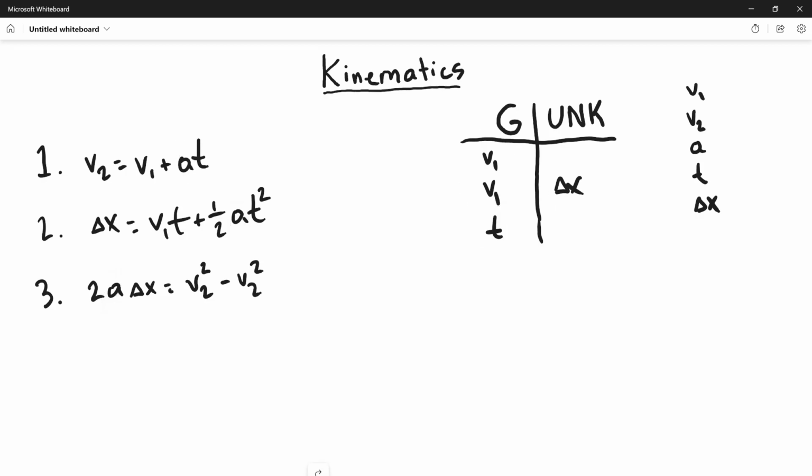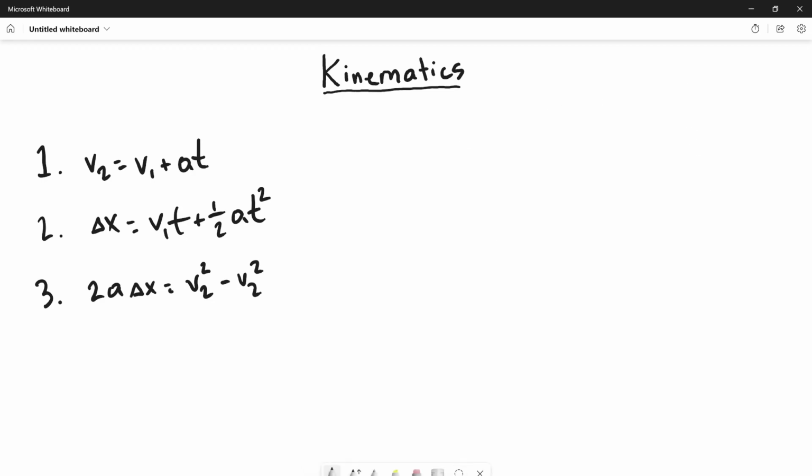Well, you can actually expand these equations. You can derive 2 more, and if you do that, you will be able to apply these to any situation. I will go ahead and just give you the 2 equations, and then if you want to see the derivation for them, I'll go over it right after that. But if you don't want to see that, you can feel free to skip that part.